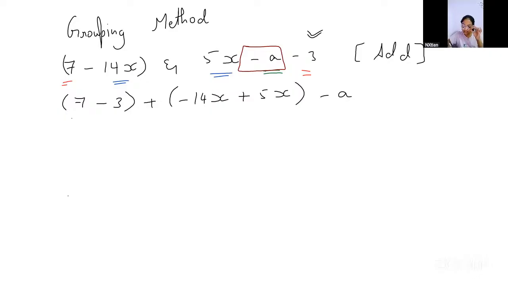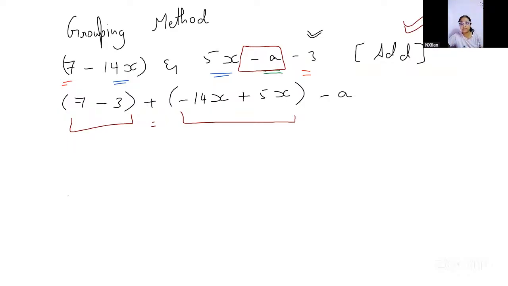See, when we are grouping, this became a complete term. And because we are doing addition, we put a plus and then we put the second term. But for a, we will not make it plus minus a.